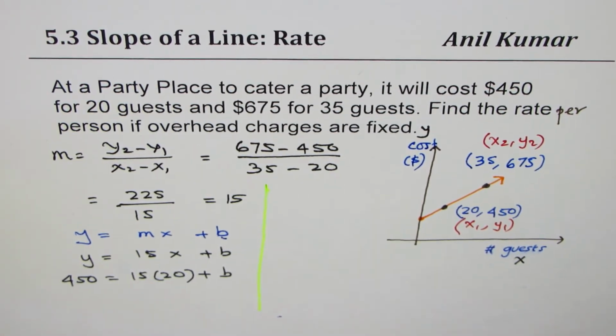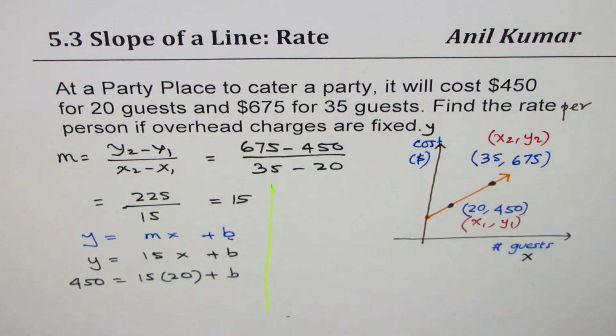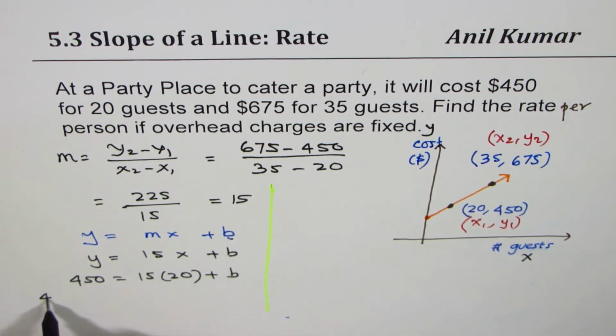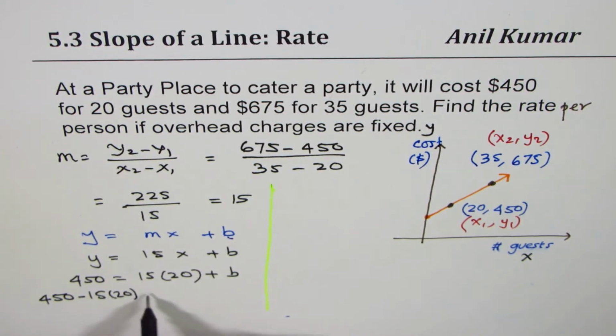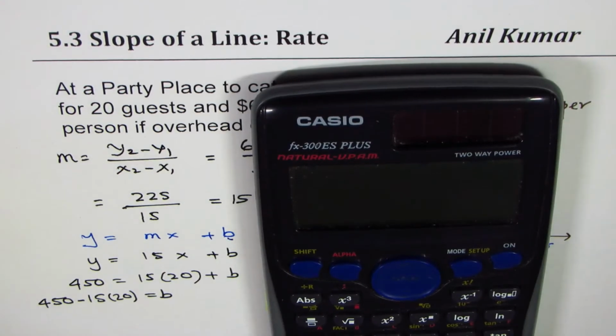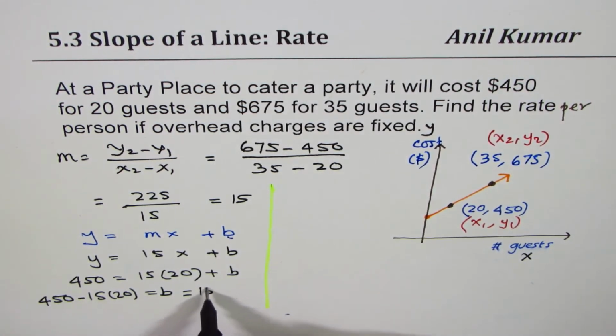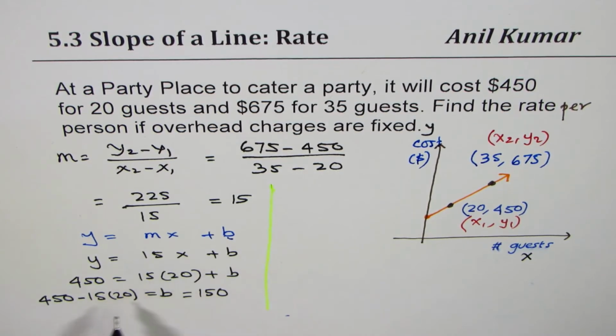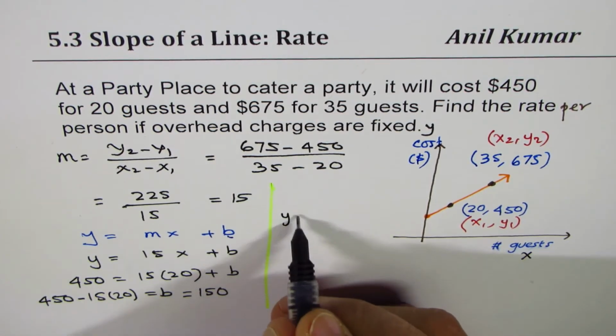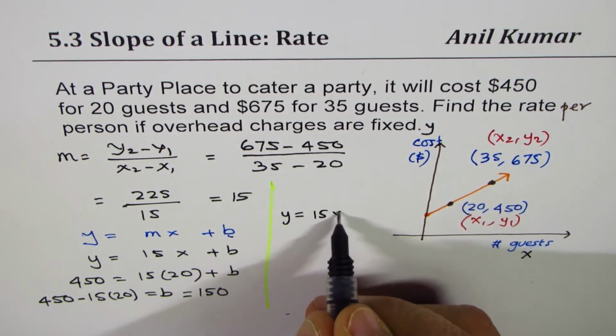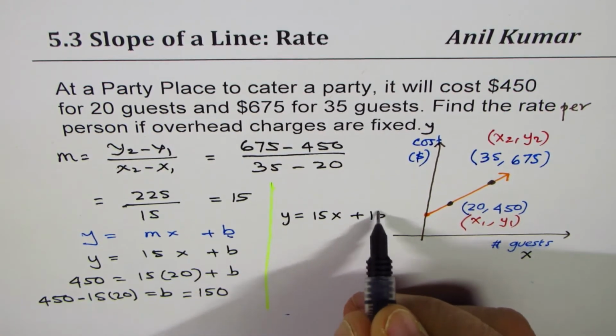Bringing this to the left side, we have 450 take away 15 times 20 equals b. Using the calculator, 450 minus 15 times 20 equals 150. So the value of b is 150, and the equation is y equals 15x plus 150.